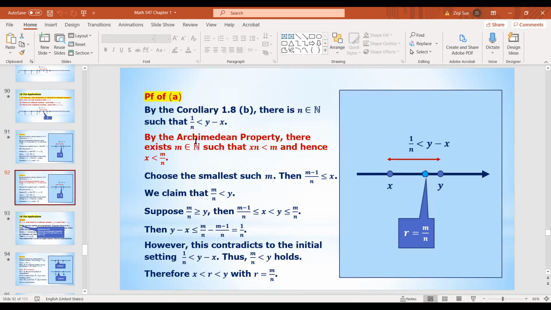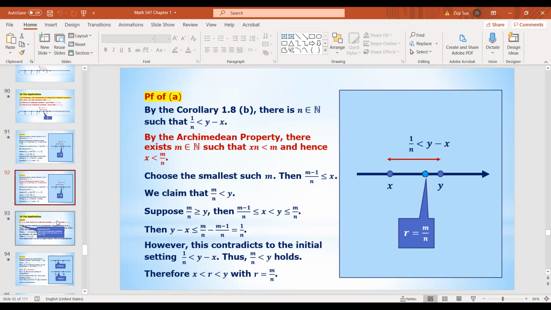It says, by the Archimedean property, there exists an integer m such that xn is less than m, so that x is less than m over n. So this is a proof using the Archimedean property to get a new result. The new result is that for any x, there is a fraction bounding x. So this means there is a rational number bounding x, right?